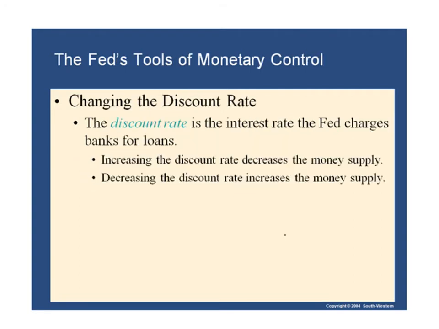The second tool, which also happens to be the second most often used, is the discount rate. The discount rate is the interest rate the Fed charges banks for loans. When banks need money, they go to the Federal Reserve.